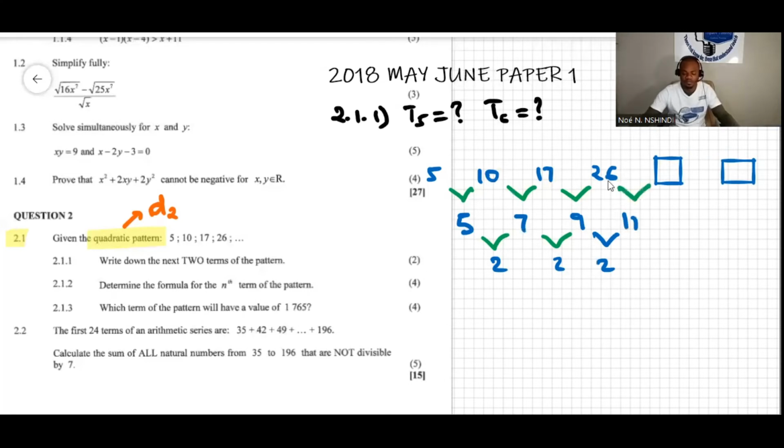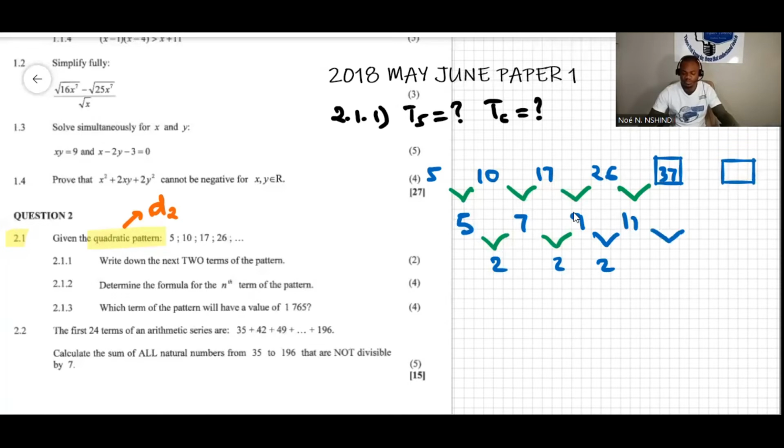Term 5 minus 26 equals 11, so the term is 26 plus 11, which is equal to 37, because 37 minus 26 is equal to 11.